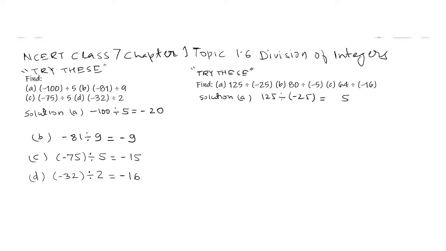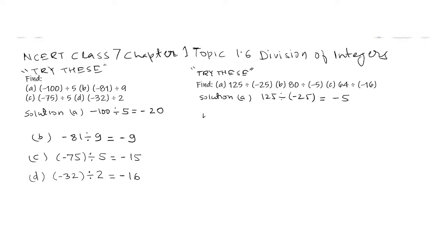Hence the quotient is 5, and as 25 is a negative integer, we put minus prior to quotient 5. And the property used here is: when a positive integer is divided by a negative integer, we get the quotient as a negative integer.